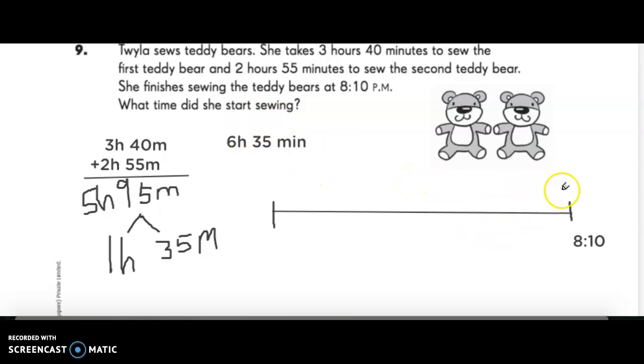So however you'd like to do it, if you jumped, you broke up the 6 hours and did 3 and 3, that totally works. Or you could just go right for the 6 hours. And 6 hours before 8:10 brings us to 2:10.